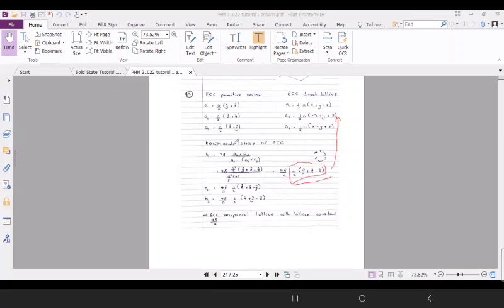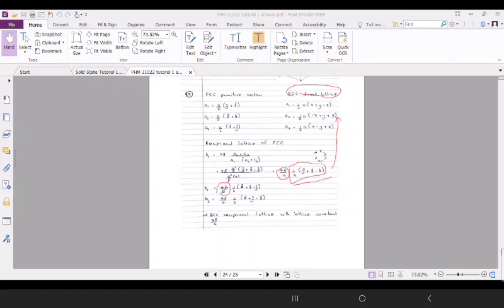So the reciprocal lattice of FCC is equal to the BCC direct lattice in terms of 4 pi over a. You see, everything is like that. So the reciprocal lattice of FCC is in terms of the direct lattice of BCC. That's what they are asking us to prove.